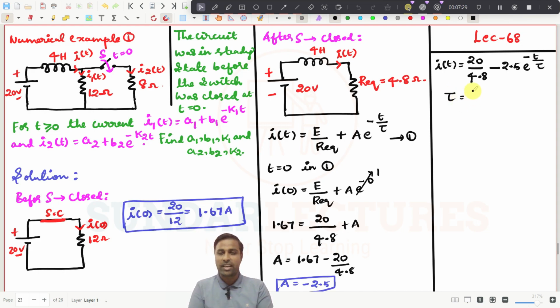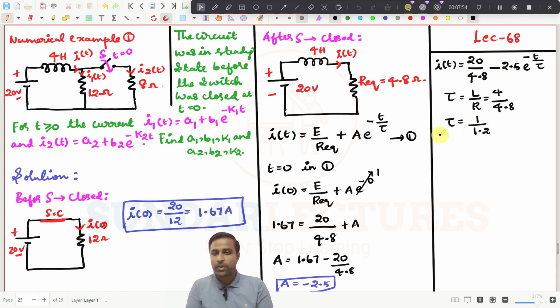Tau is L by R, and it is inverse. What is L here? It is 4 Henry divided by what is R here? R is 4.8. So if you substitute here, it will be 4.8 divided by 4, and tau, if you simplify this, you will get 1 by 1.2.